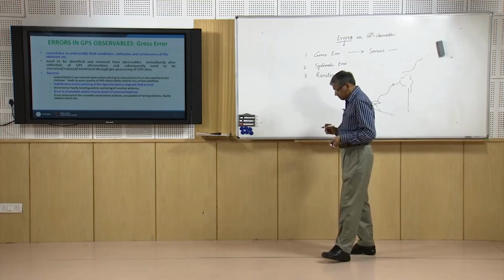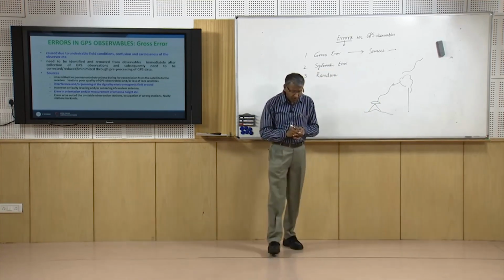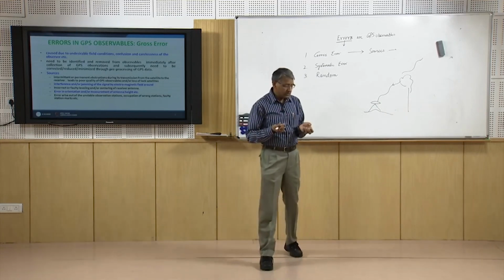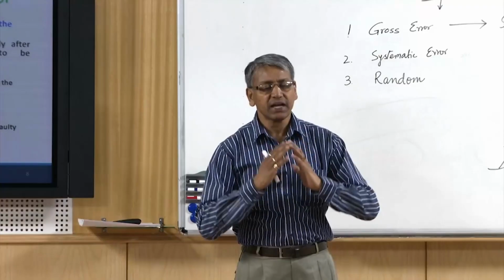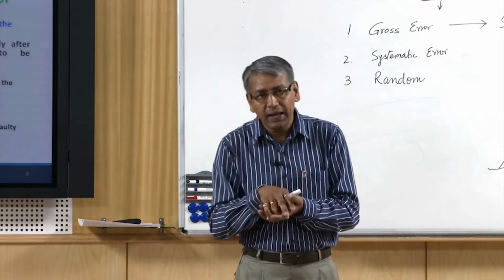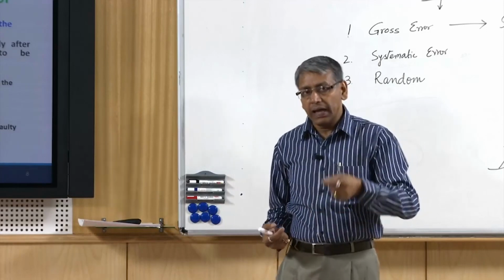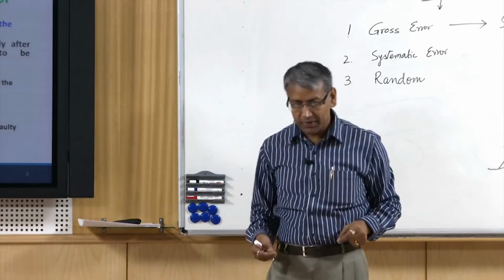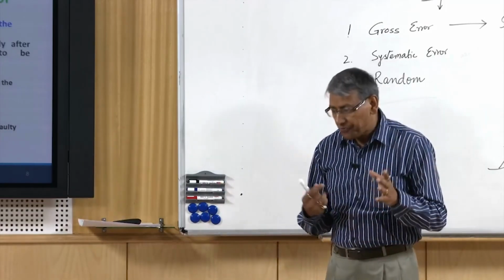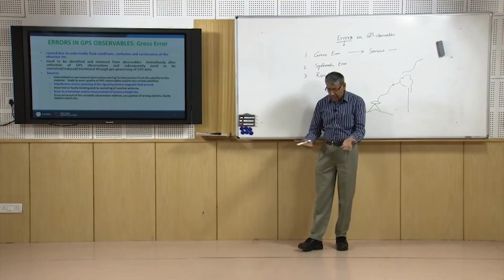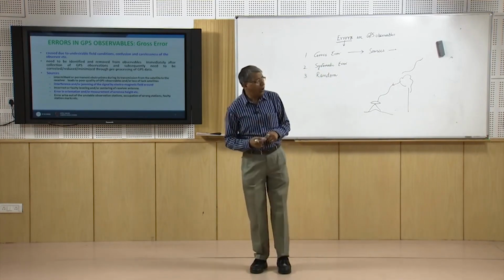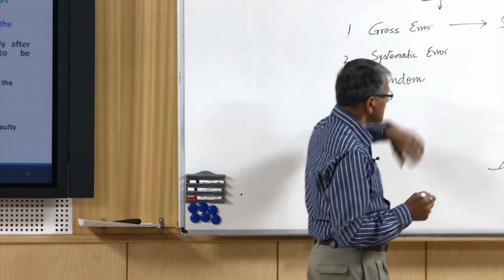Apart from that, the observer may not take care to set up the instrument exactly on the station, or it may not be leveled properly, or measurements like height of instrument may not be taken properly. Sometimes there may be instability in the station occupation. All these cause gross errors in the data.